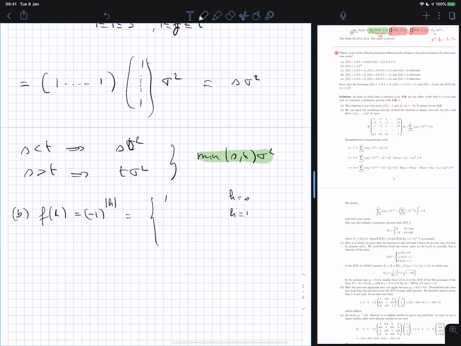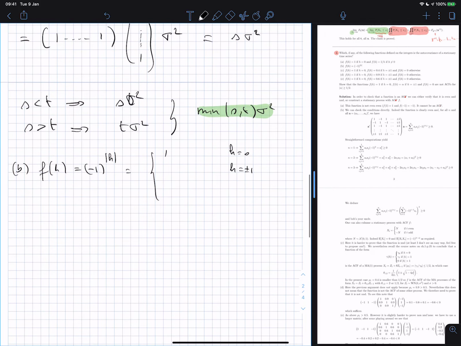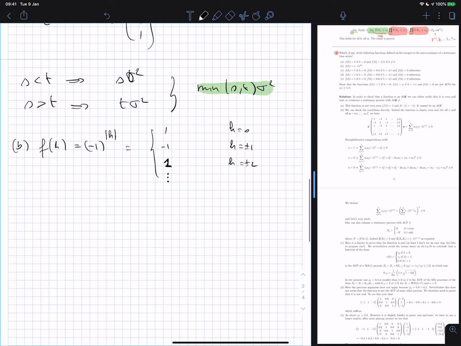If h is plus or minus 1, I get minus 1. If h is plus or minus 2, I get 1, and so on. So this function is clearly even.